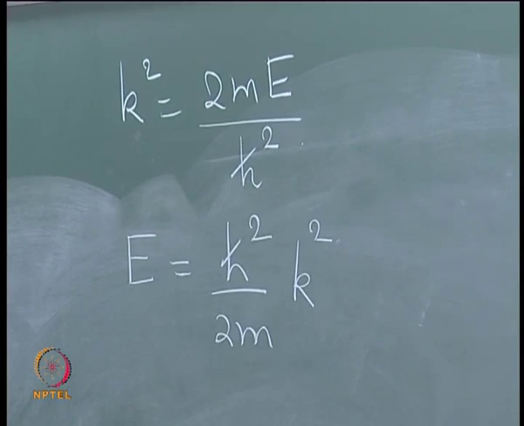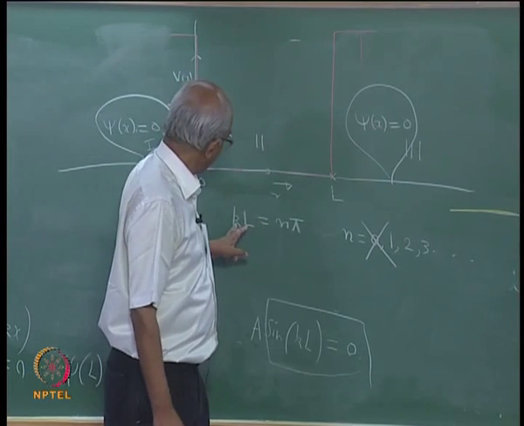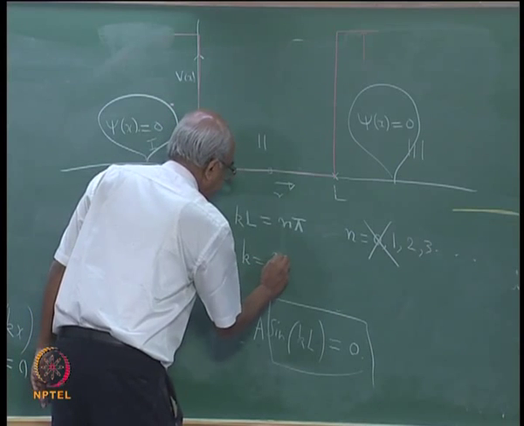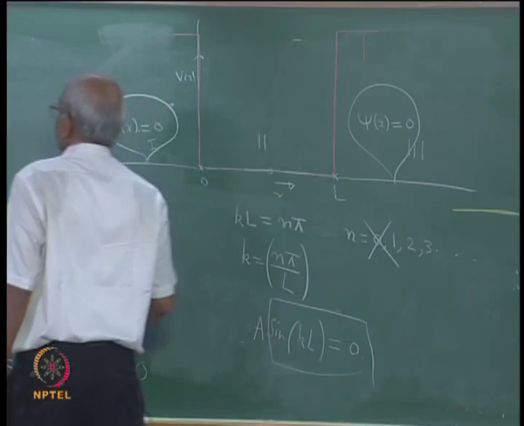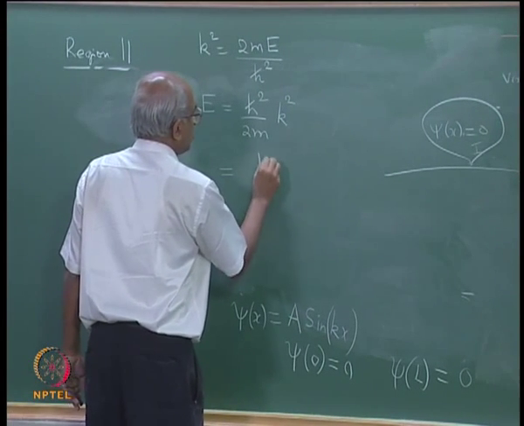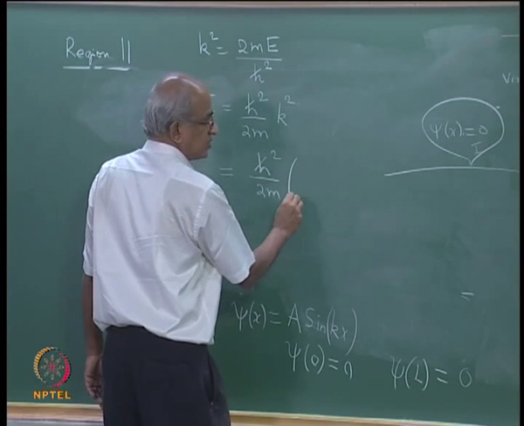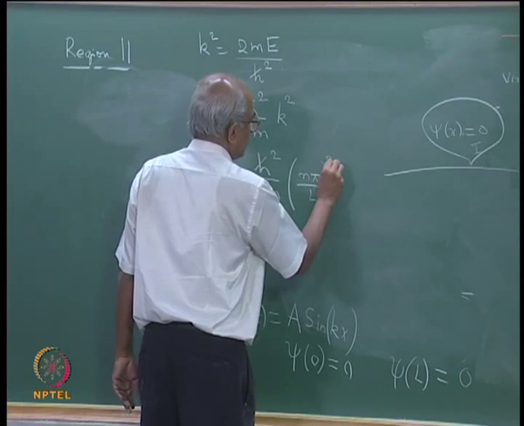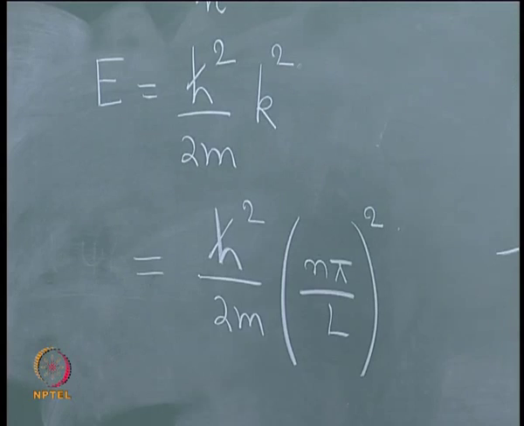But now you find that k is constrained, k has to be equal to n pi divided by L. That means, you have E equal to h cross square divided by 2m times n pi by L the whole square, and only if this is satisfied will you be able to get acceptable solutions.